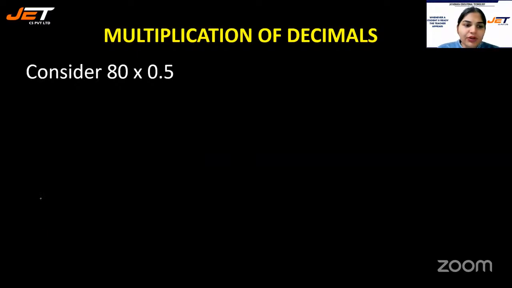So here, what you have to do, like it's 80 times 0.5. First, multiply without the decimal. Now there is one decimal place, so put a decimal, because it's 0.5.